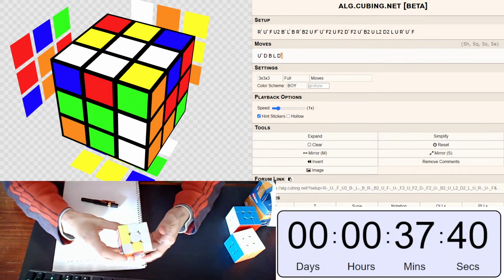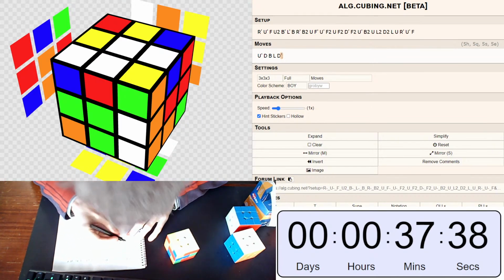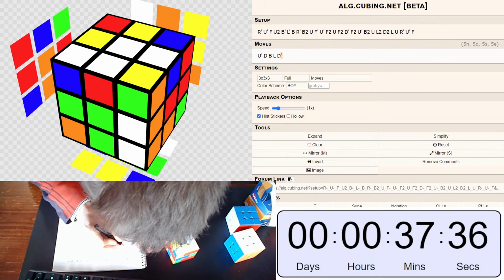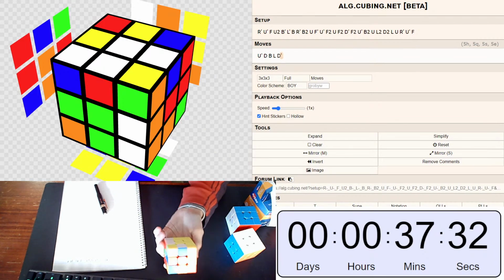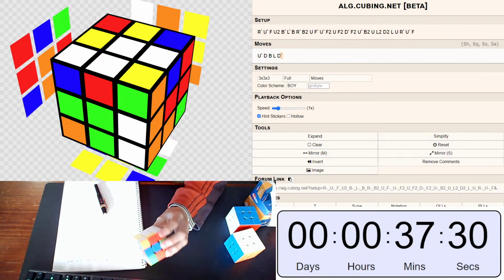R2, B2, L2. 14 moves and I've only got a 2x2, which is not amazing.